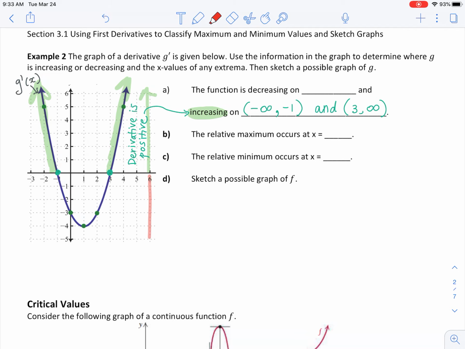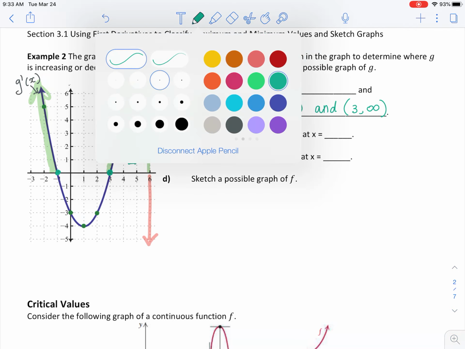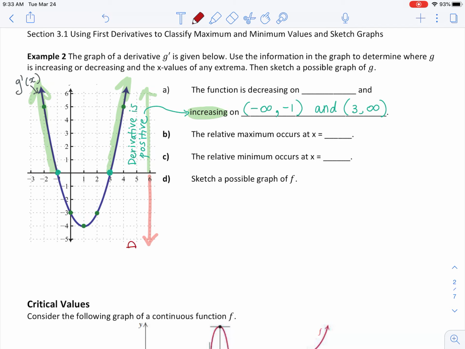All right, let's look at below the x-axis this time, okay? Below the x-axis is where the derivative is negative, right? And we have this one U shape right here. This is where the derivative is negative because it's below the x-axis.